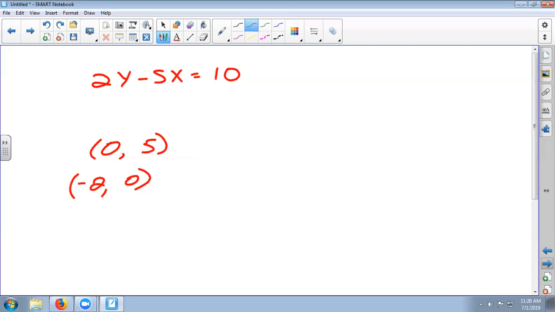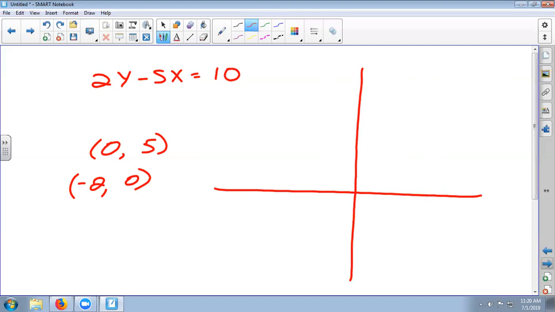Let's graph. (-2, 0). Starting here, which way do I go? Left 2 spots. The first one is left and right. (0, 5), you go up or down. Up 5.